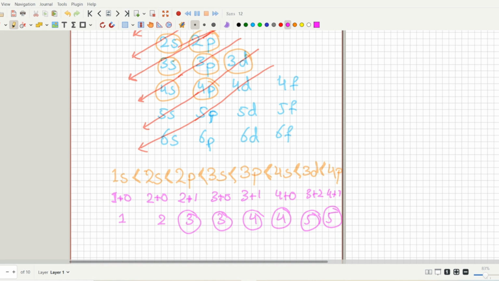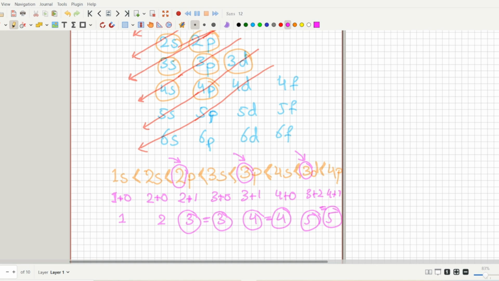But if two shells have the same n plus l value, then the electron will go towards the one that has the smaller n value. This one had a smaller n value and this one had a smaller n value. So the electron went towards the one that has the smaller n value.